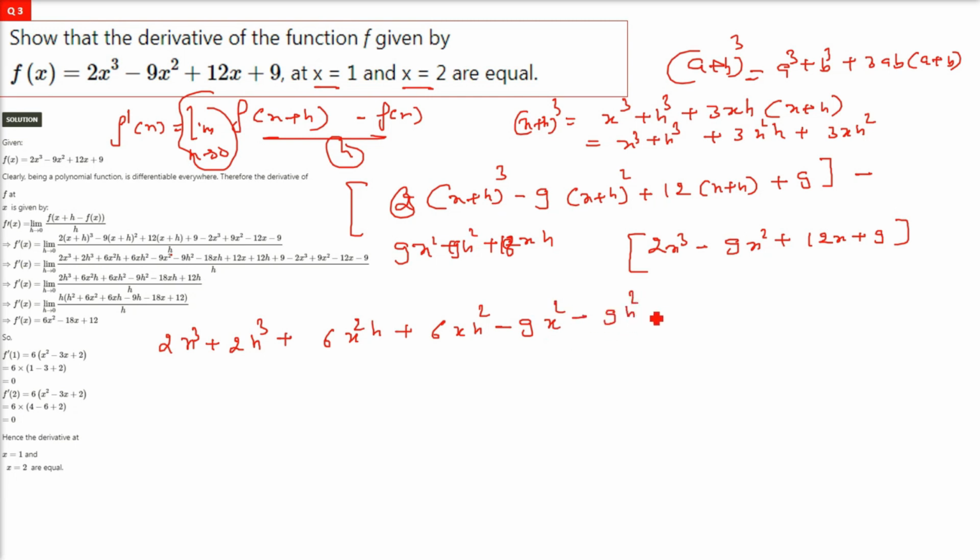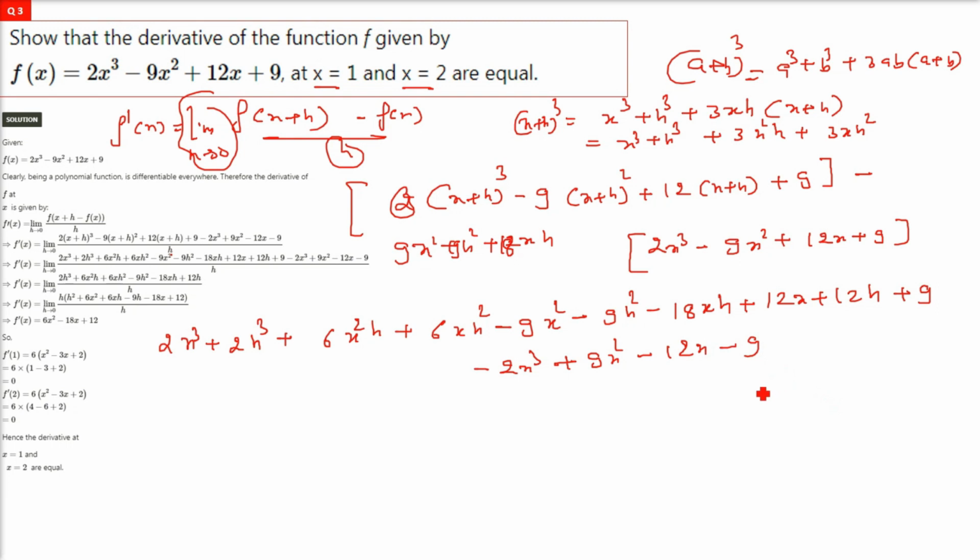So minus 9x square minus 9h square minus 18xh plus 12x plus 12h plus 9 minus, since you have a negative sign in front of f(x), you can just change the sign and write it. Minus 2x cube plus 9x square minus 12x minus 9.